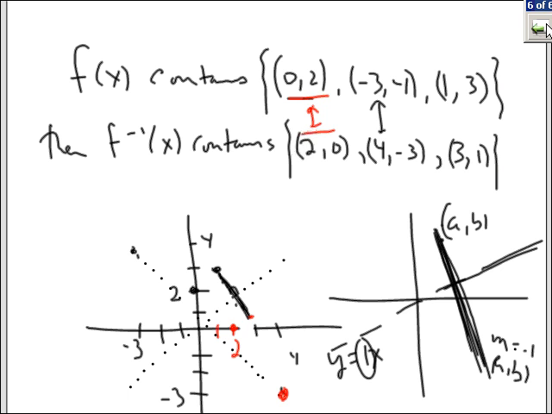Now you need to find where the two lines cross. Now you have where the two lines cross. Now you have to find that distance.